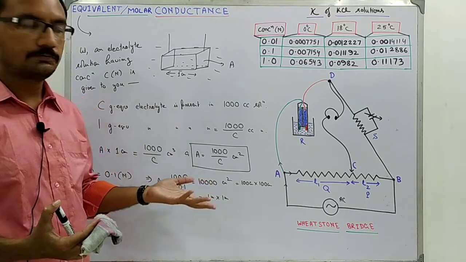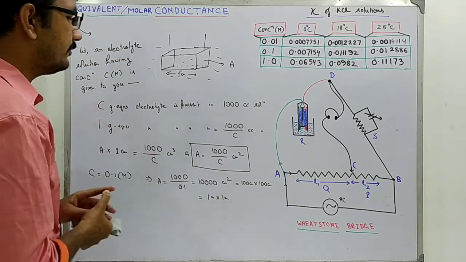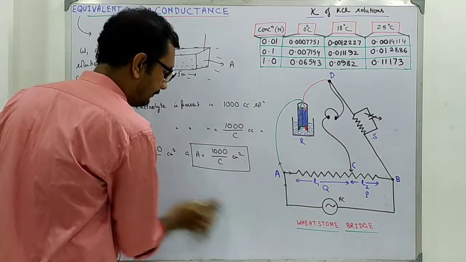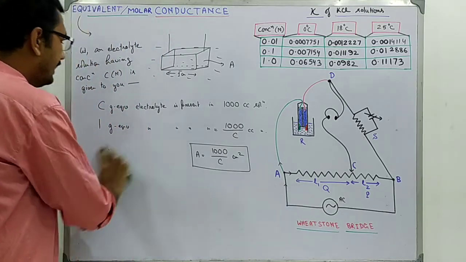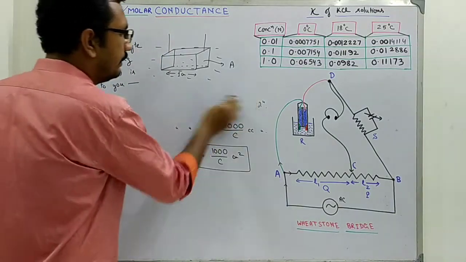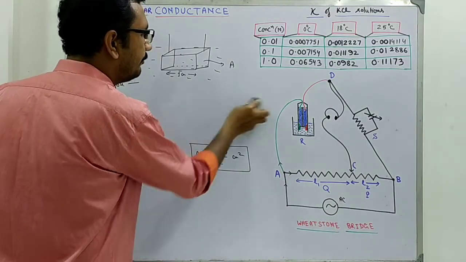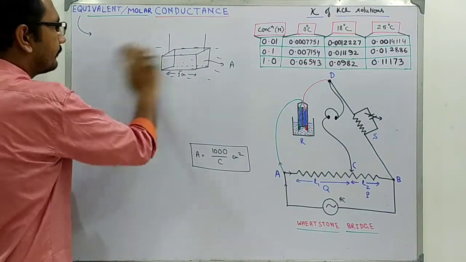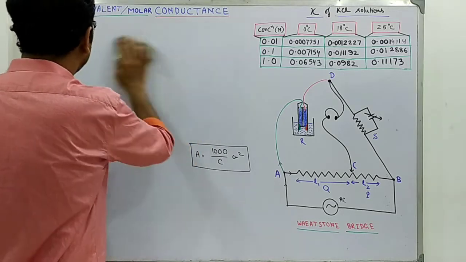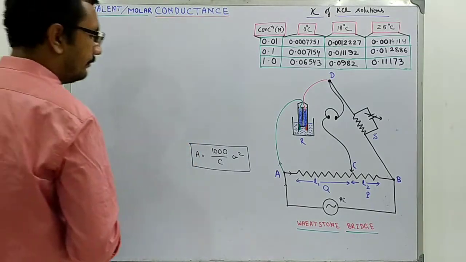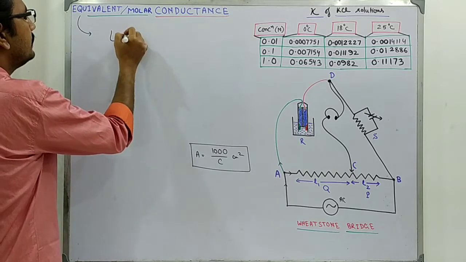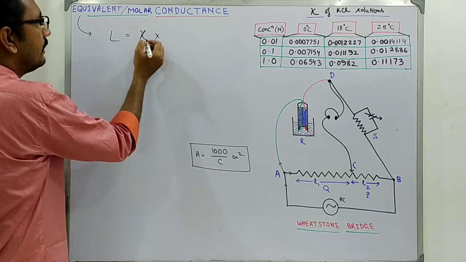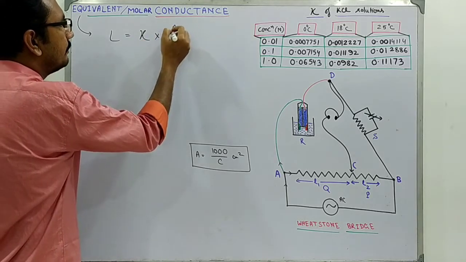Then what to do? Actually, we will bypass the situation and will calculate it semi-theoretically. That is, we will take the help of experimental data as well as theory, so that the equivalent conductance can be determined. So, in the previous lecture, we came to know that the conductance is related to specific conductance by this relation.